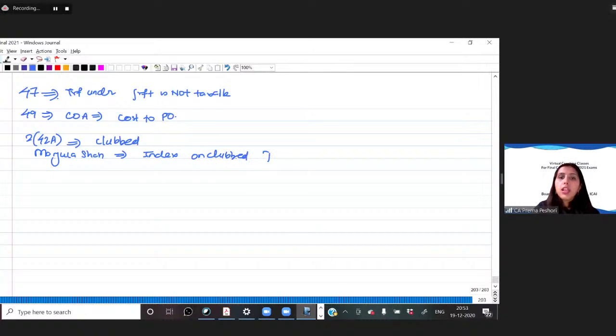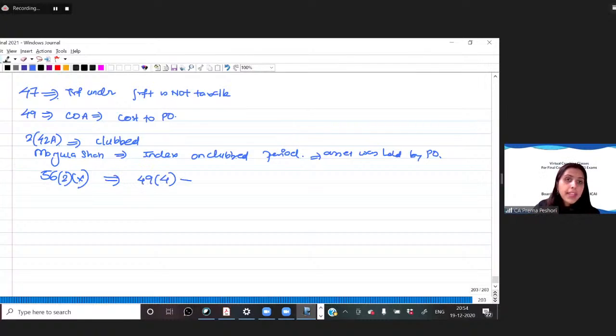That is, when the asset was held by the previous owner, right? Indexation of that year. But if, say for example, the taxation is happening under 56(2)(x), where it is not a gift but transfer for inadequate consideration, then 49(4) applies and it says cost of acquisition will be FMV taxed under section 56(2)(x).